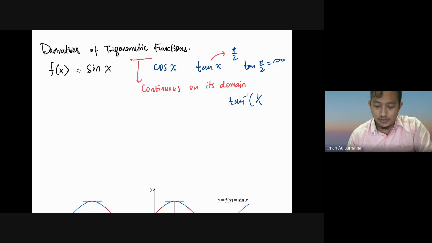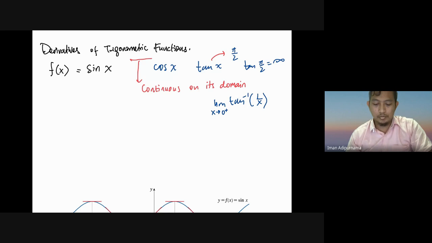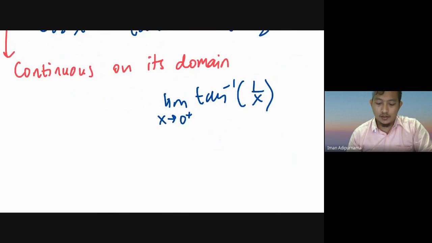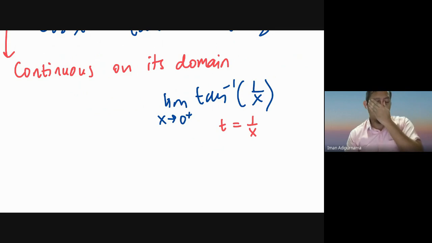The question is this: 1 over x, and then its limit as x goes to 0 from the right. Step by step, the idea is to make t equal to 1 over x, or any variable you want. I make t our variable now.